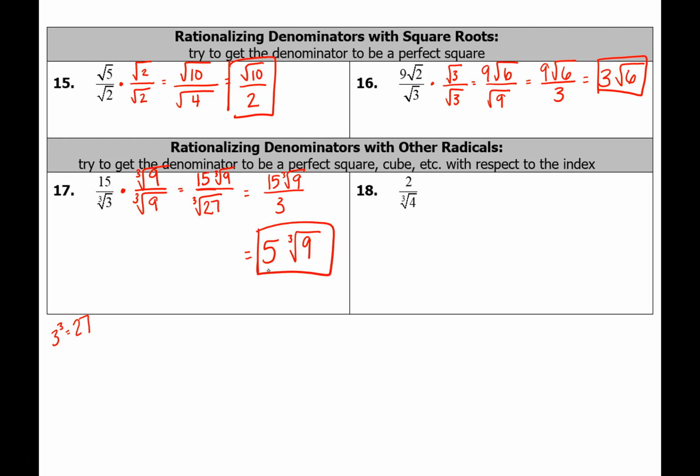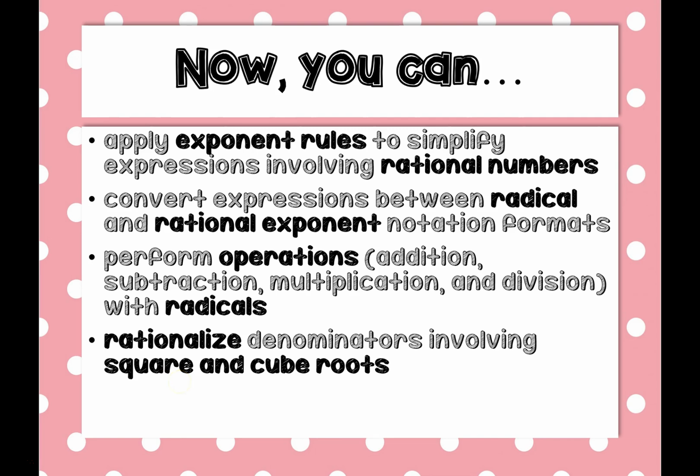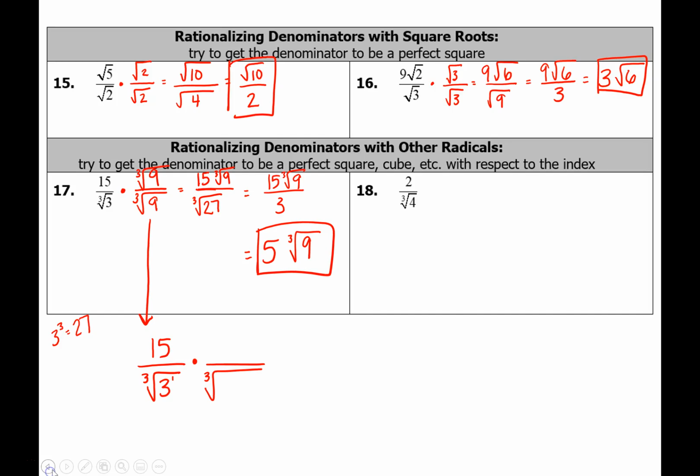And then I've got my radical that's just going to be stuck there with me. So now I'm done. Okay, so I also want to point out another way to think about this step: when you have your cube root of 3, because you're looking for a cube, we have one 3 here. We need 2 more 3s to have a triplet, which is what a cube root is asking us for.